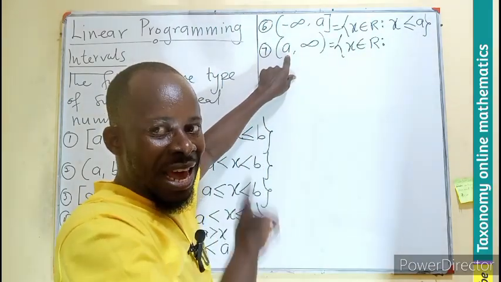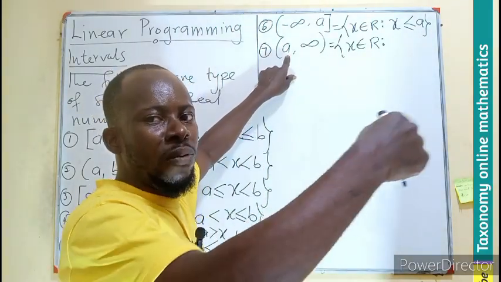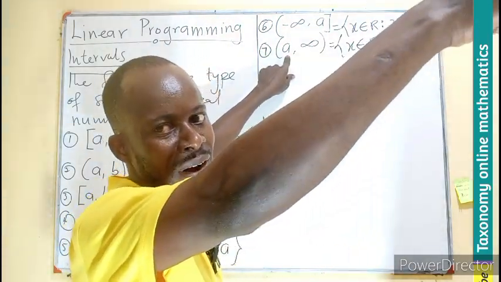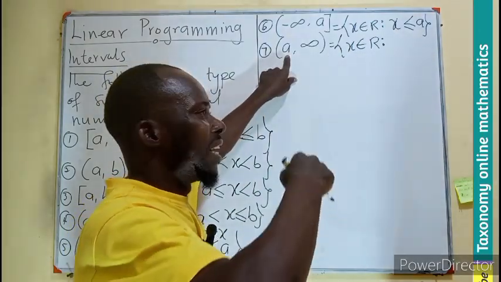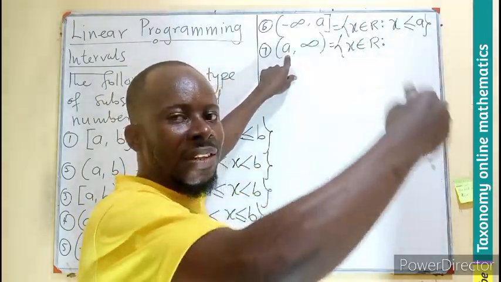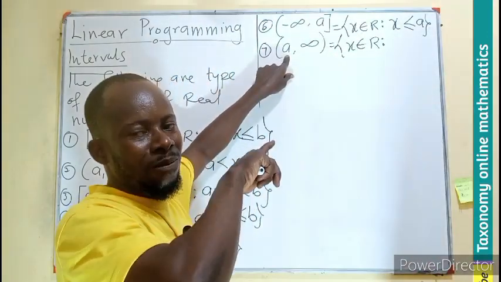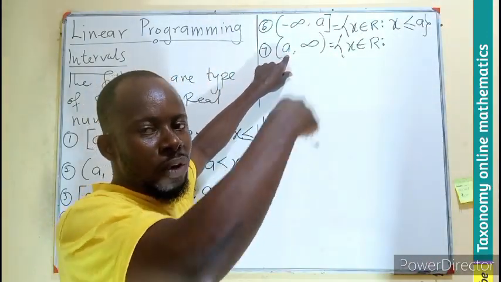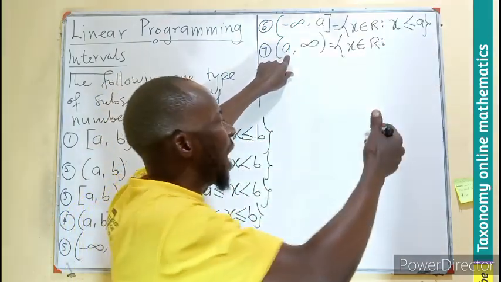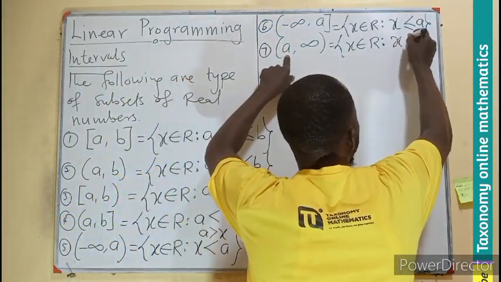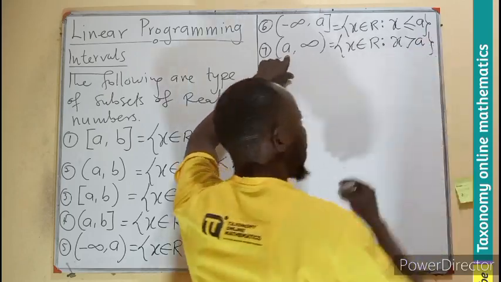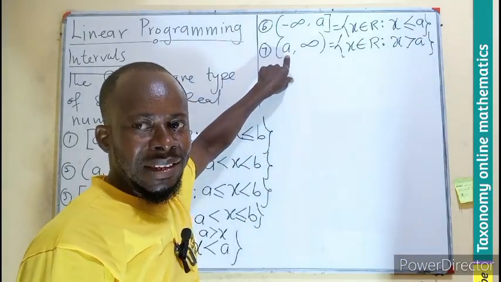In this case, A is going to be the smallest of all the numbers in the interval. So if I put 7 here, the numbers to the right will be 8, 9, 10, 11. All those numbers are greater than A, and all those numbers represent x. So x will be greater than A. I believe you get it.